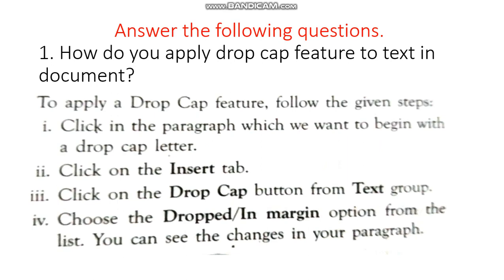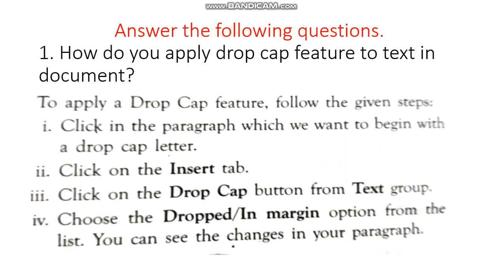The first one, how do you apply drop cap feature to text in document? Answer, to apply a drop cap feature, follow the given steps. First point, click in the paragraph which we want to begin with a drop cap letter.